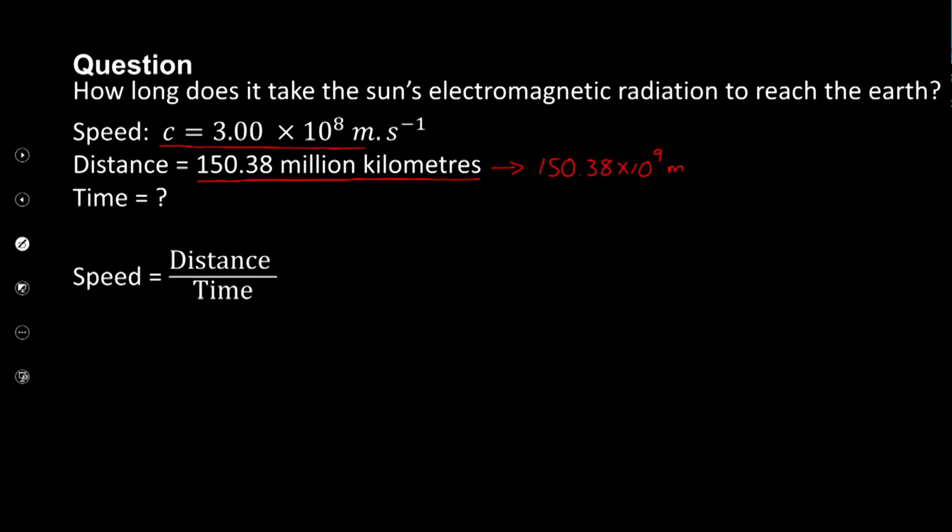Now we're looking for the time, so we're going to have to use our formula. We know that speed is equal to distance over time. So to begin, we need to fill in the variables we do have and then rearrange the formula to be able to get what we need. So the speed is 3 times 10 to the power of 8 meters per second.